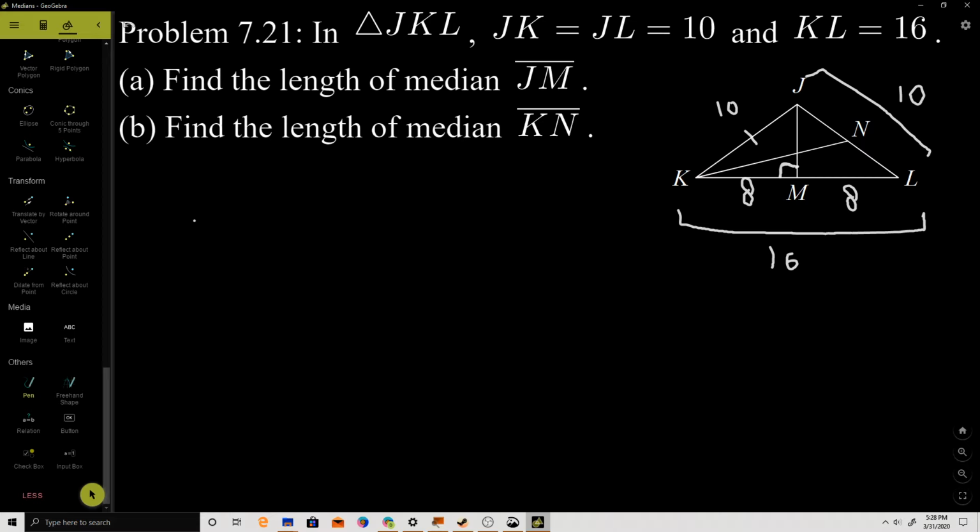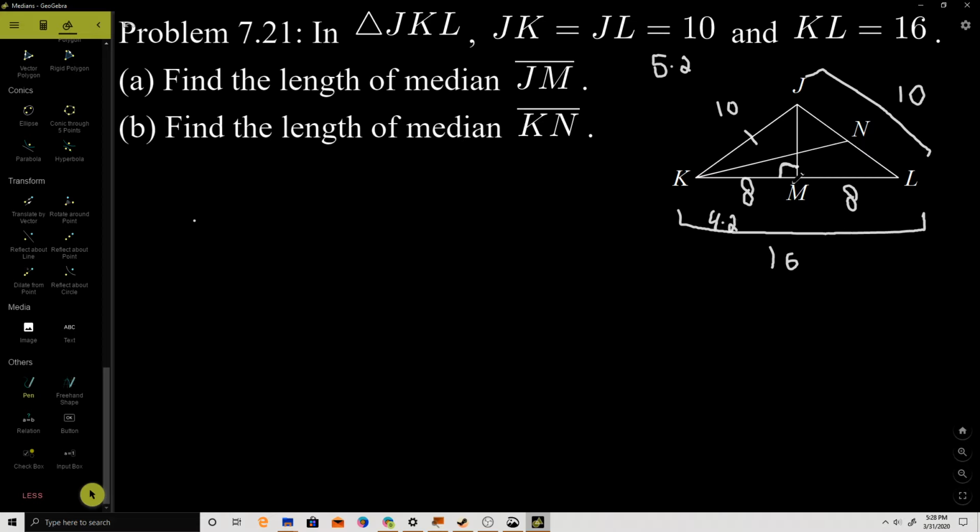Now, JM is one of the legs, and I mean, you can use the Pythagorean theorem, or you can realize that 10 is 5 times 2. 8 is 4 times 2.